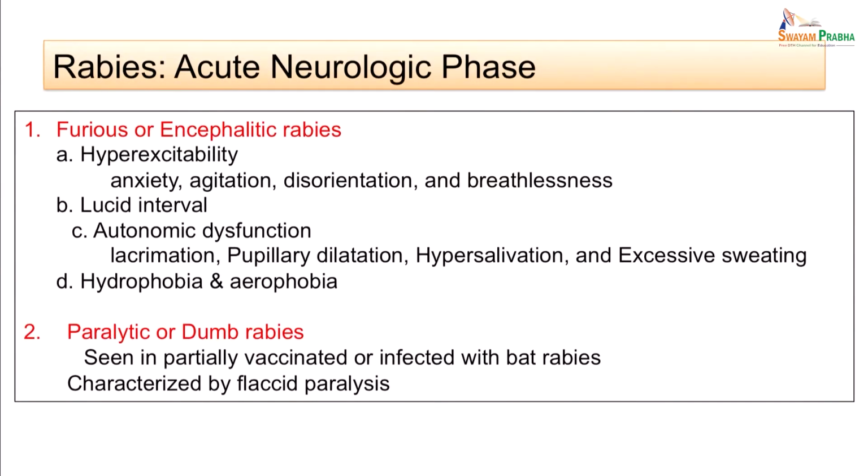The patient usually becomes intolerant to noise, bright light and cold drafts of air. The most pathognomonic feature of furious encephalitis is the presence of hydrophobia and aerophobia. Now, hydrophobia is fear of water and aerophobia is fear of air.